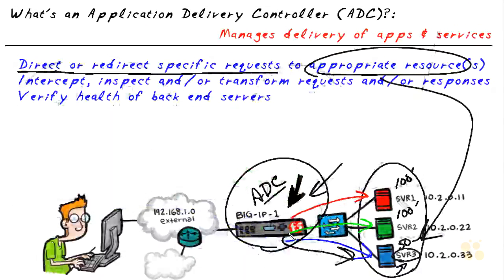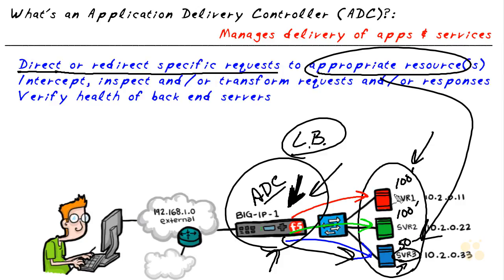One of the common terms that this device also could be referred to is an LB, as in a load balancer, as it's assisting us in balancing the load across multiple resources on the back end. However, F5 and their platform, they do not like calling it a load balancer.